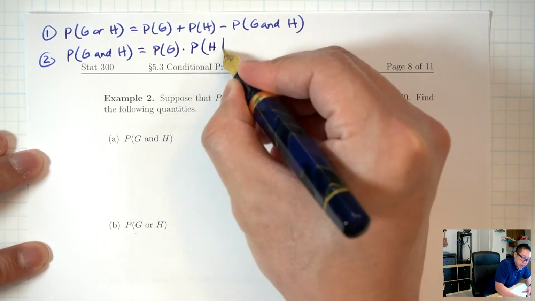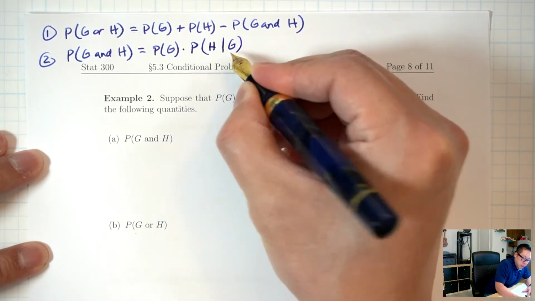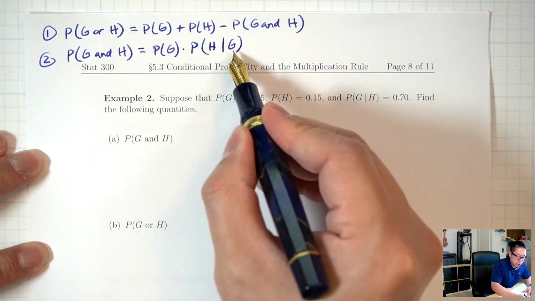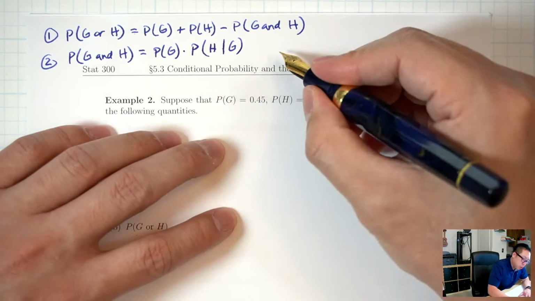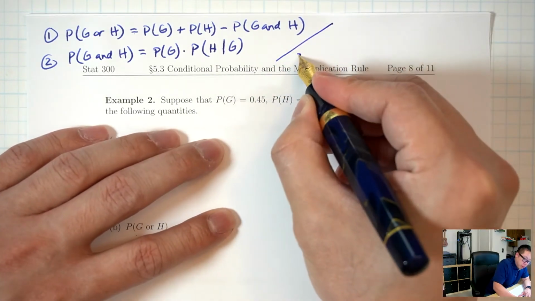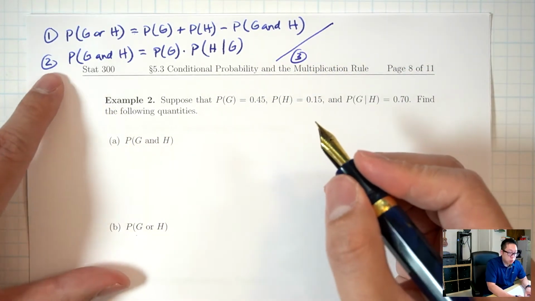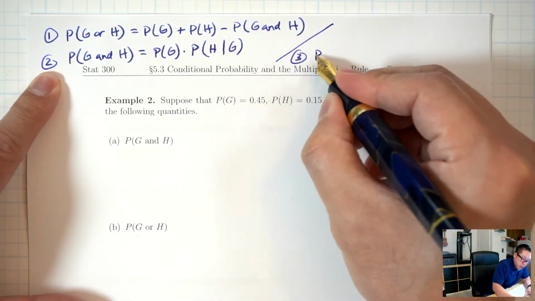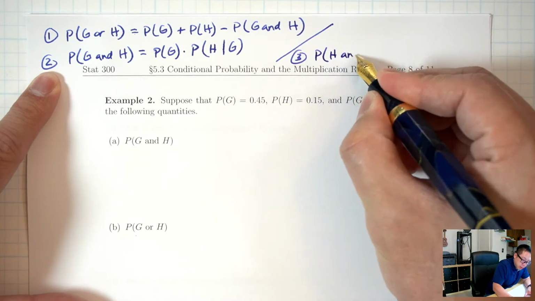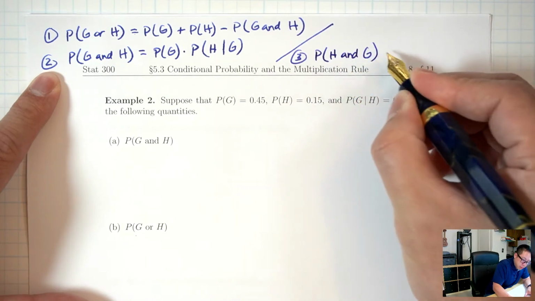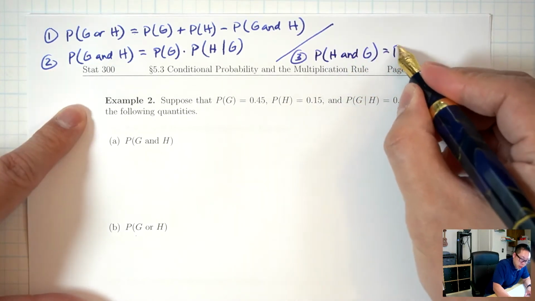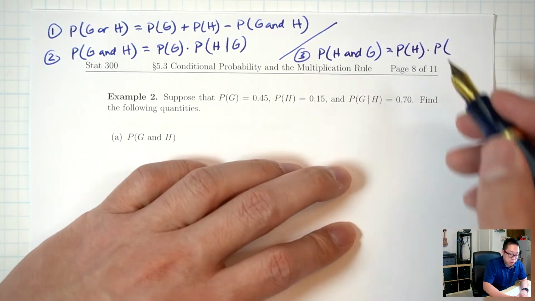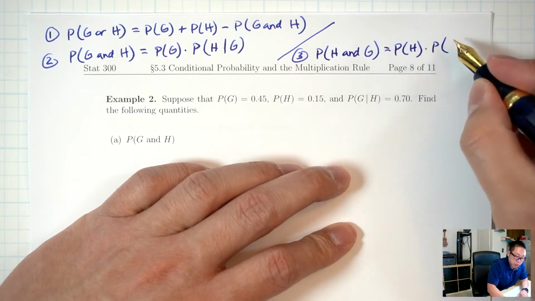It's H given G. One way that I remember is that it alternates: G, H, G. The third one you get by starting with 2 and just swapping the letters. So the probability of H and G is equal to the probability of H times the probability of, once again, it should alternate, so H and then G given H.